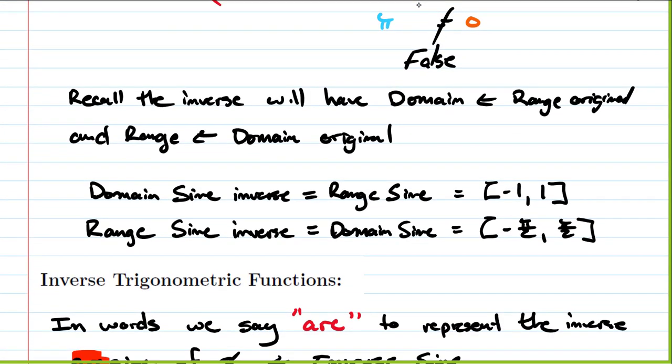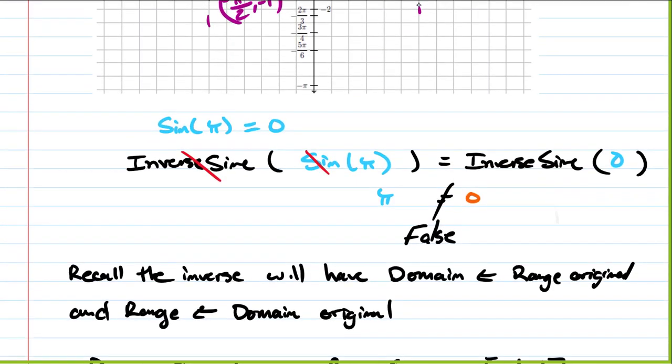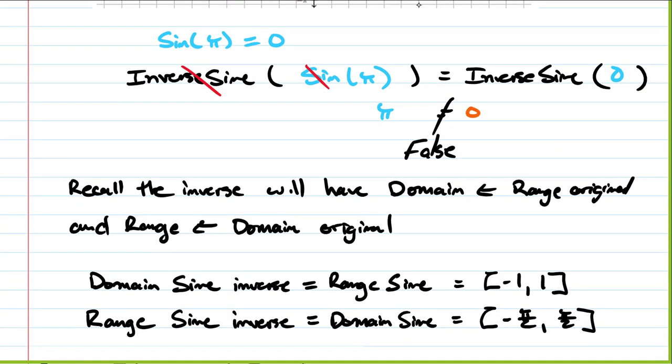The domain of sine inverse was -1 to 1, and the range of sine inverse was -pi/2 to pi/2. The problem is that pi was not in the domain of sine inverse, right?